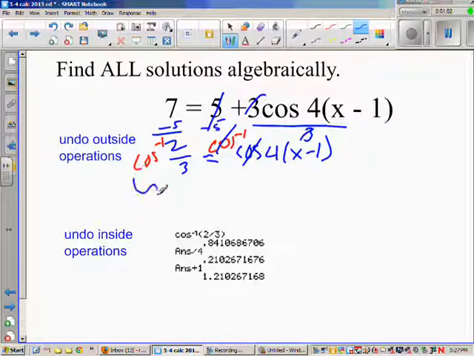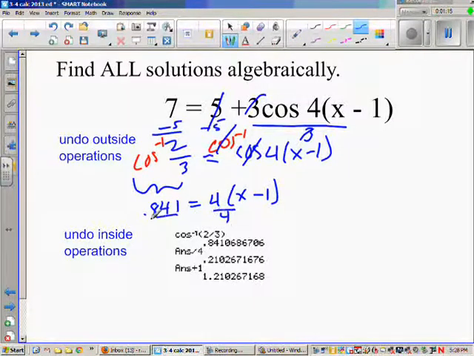Given this information, 0.841, and then we're just going to use 3 decimal places. This equals 4 parentheses x minus 1. We can do this math, divide by 4.